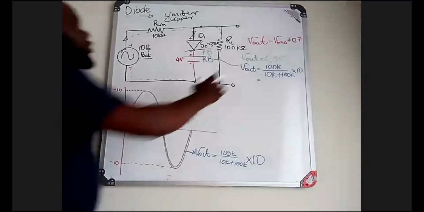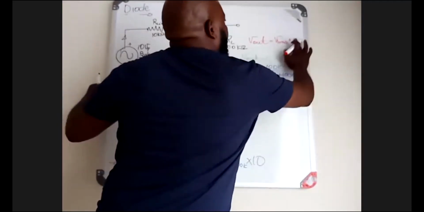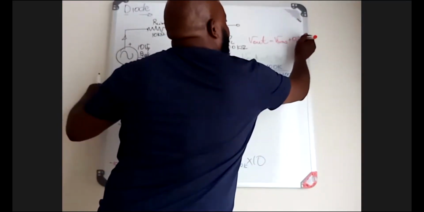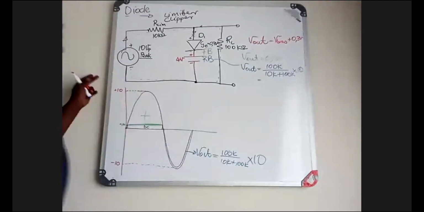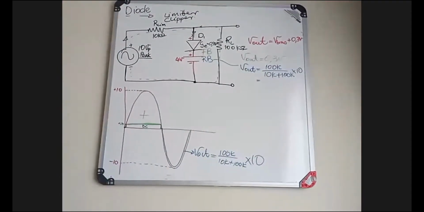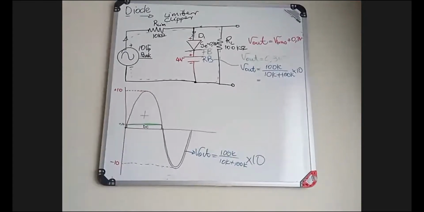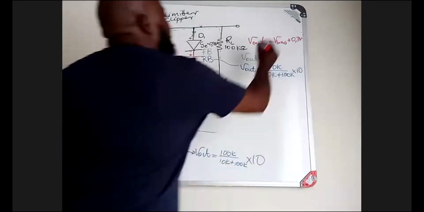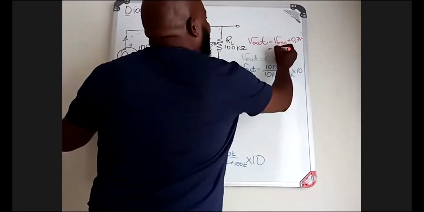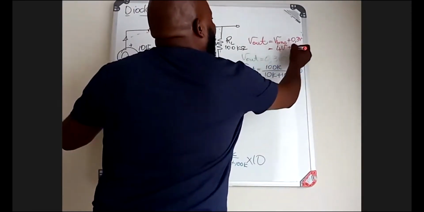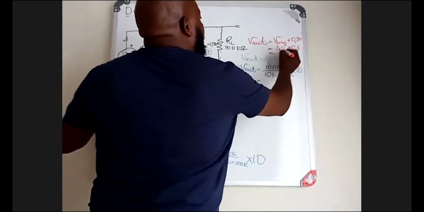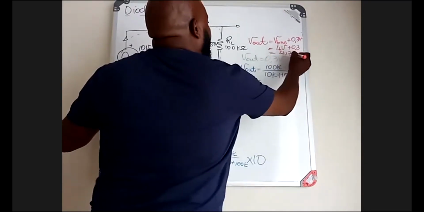Sorry, not 0.7, mistake, 0.3 volts. So your output voltage will be your V bias plus 0.3 volts, which means now I have a V bias of 4 volts plus 0.3, which will give me 4.3 volts.